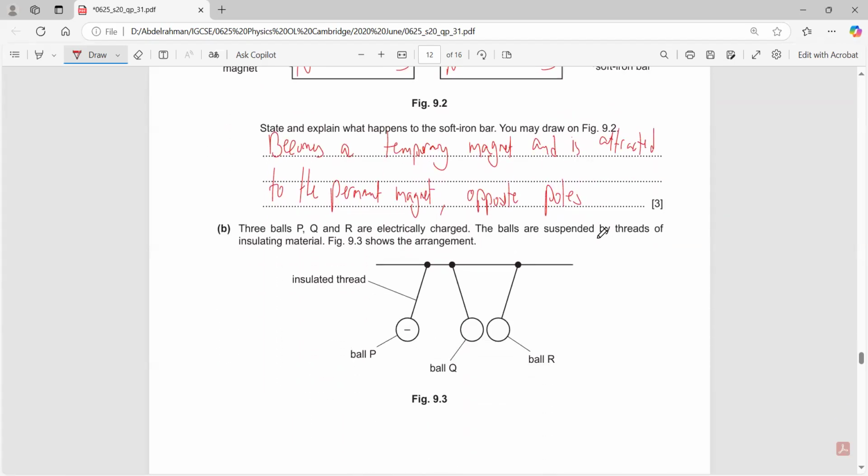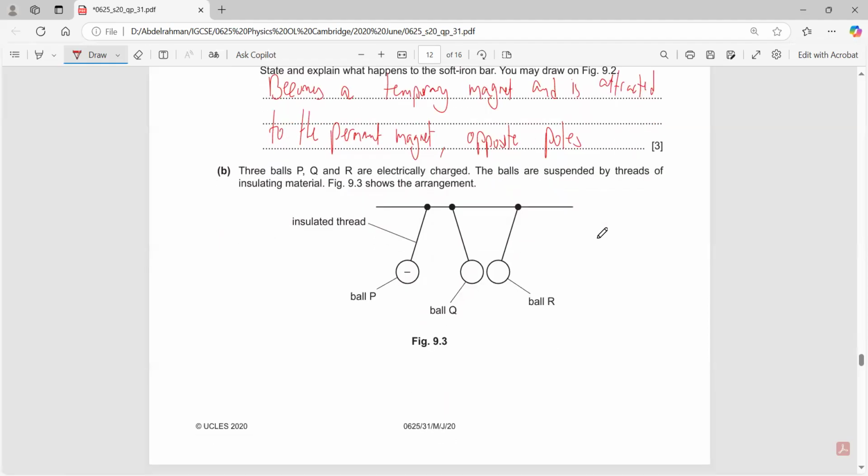Iron bar is temporary magnet. Ball P, Q, and R. What are the charges on Q and R and why? Opposite poles means north and south. They are opposite.